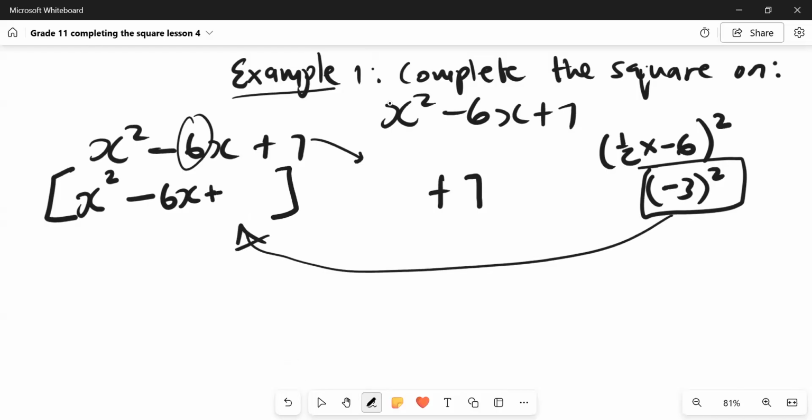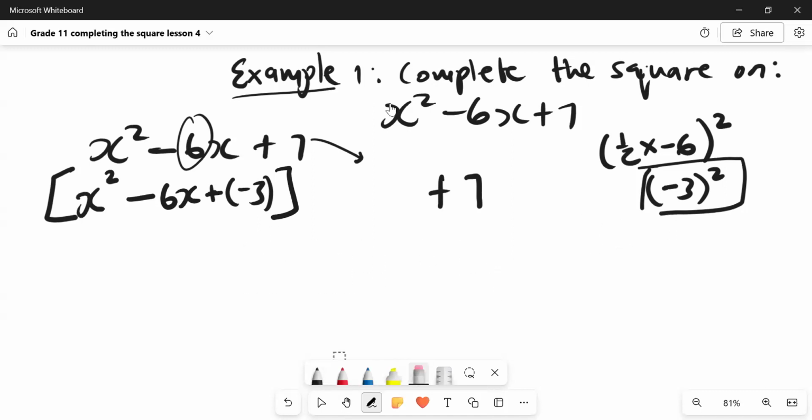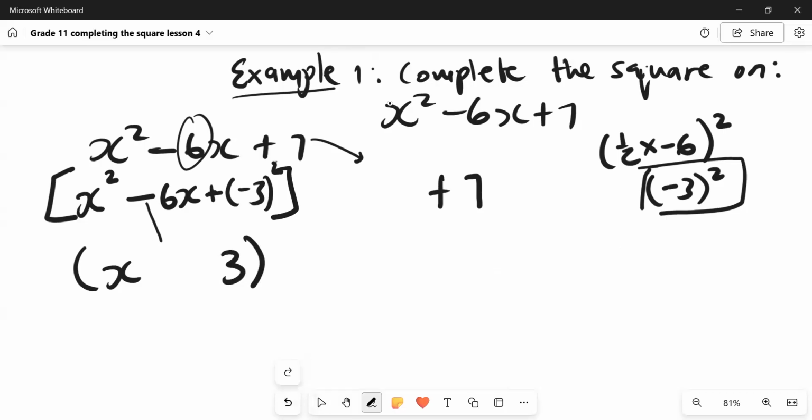So you'll have your plus negative 3 squared. And then from here, you have your squared there. You take the square root of x squared, you'll have your x there. And then the square root of minus 3 squared, that's 3 there. And then you take this sign, drop it. There's minus there, and then all squared, right?